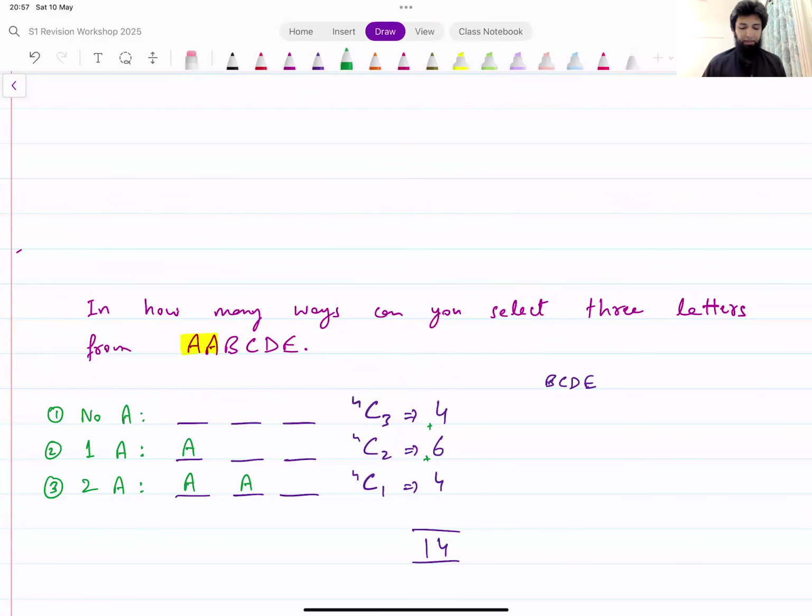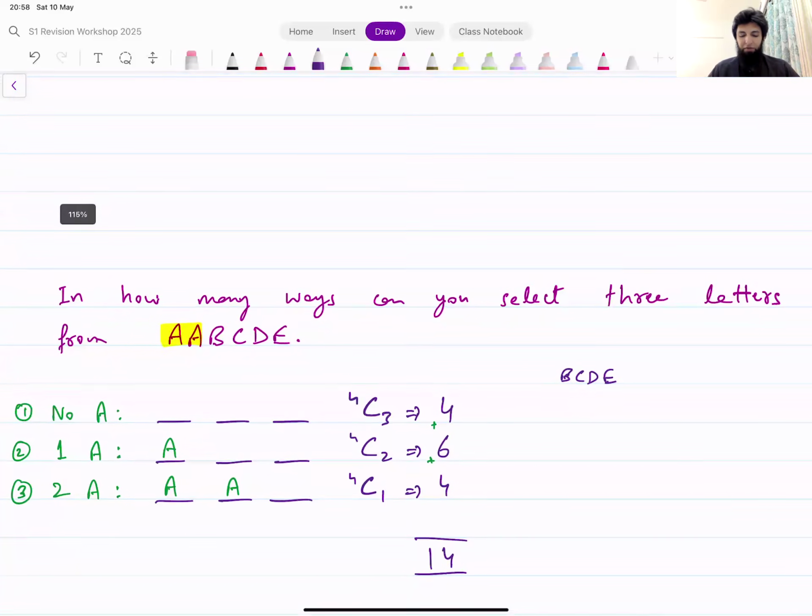So in this case, if we had to arrange this, we would say 6 factorial divided by 2 factorial. In combinations, there's no direct way of handling repetitions. Whenever you have identical objects or repeated letters, you always have to make multiple cases for the repeated letter.